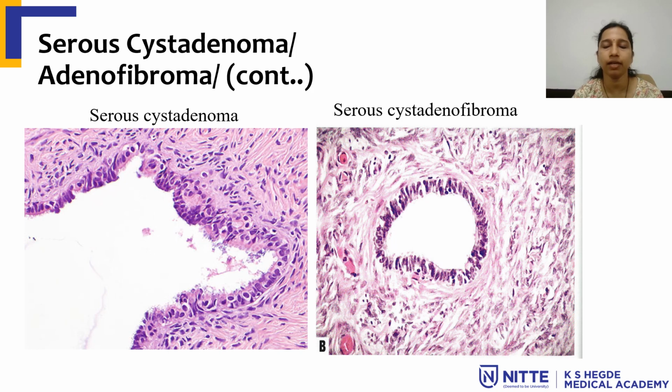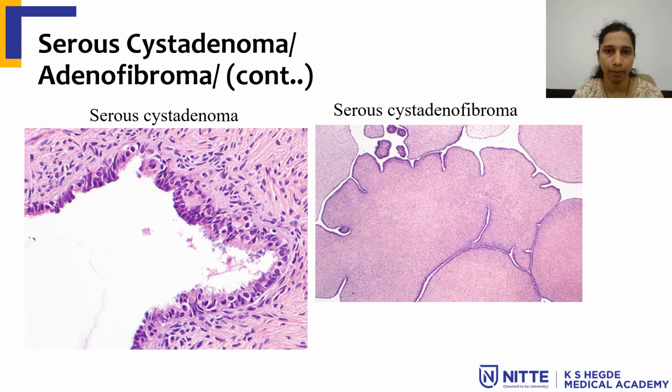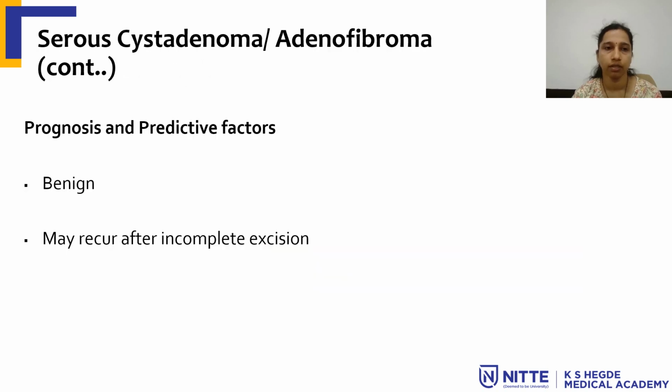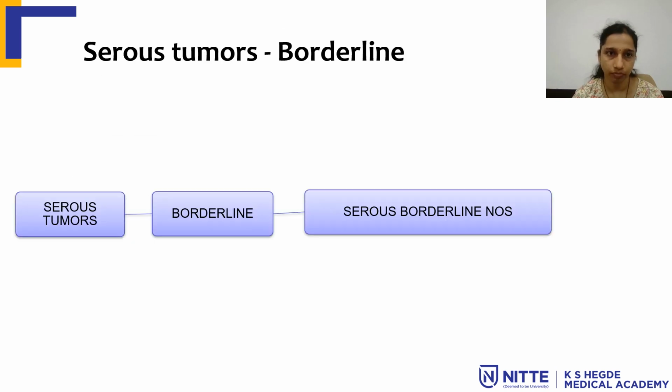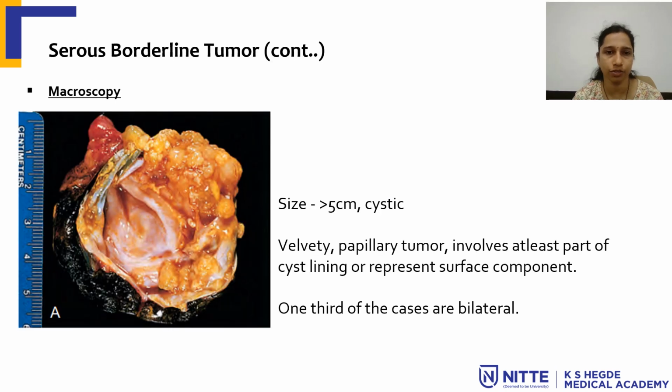So the epithelium will resemble fallopian tube epithelium. So this is a cystadenofibroma which has a predominantly fibrous component. The prognosis is very good as it is a benign tumor, but it may recur if there is incomplete excision.